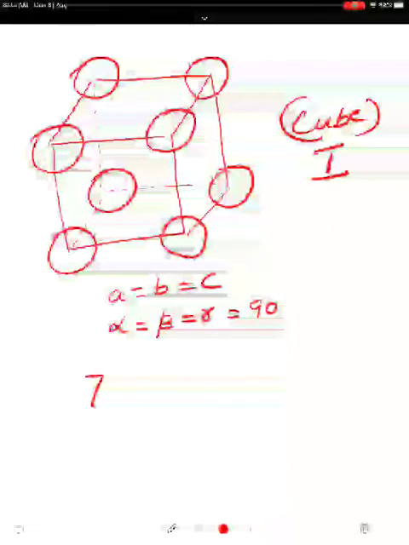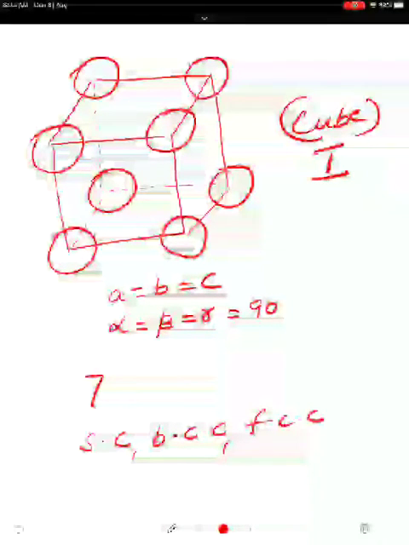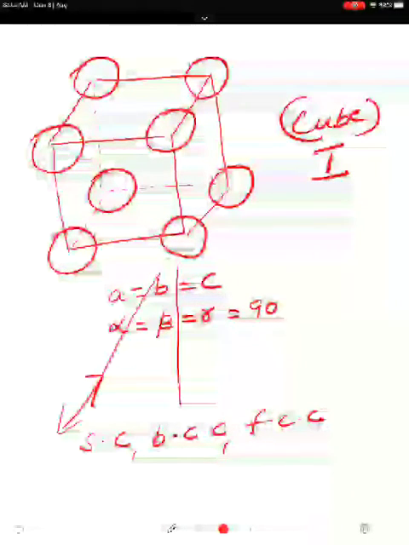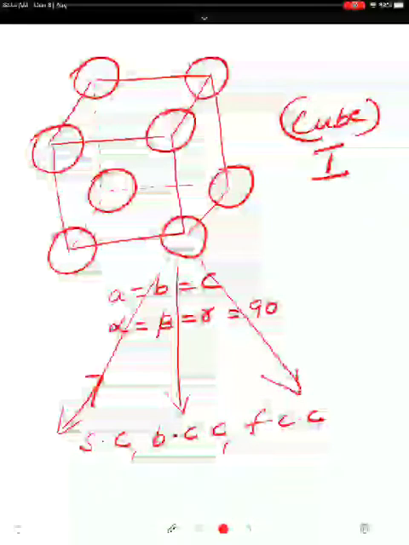In cube there are different variations. Variations means this one I have shown, primitive, is called simple cube, and what I showed, BCC body centered and FCC face centered. These are the different variations of this cube.